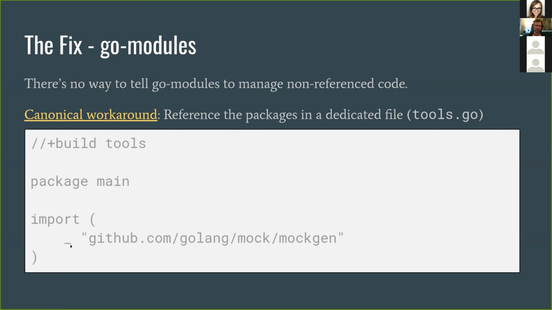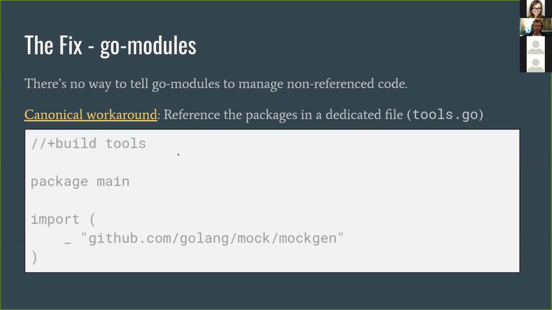As we are not using the code, the Go compiler would complain about unused imports, so we wouldn't be able to compile it. But with the underscore import alias, we can make Go ignore that warning because we are indeed interested in this. Then another thing, this up here is a build tag.